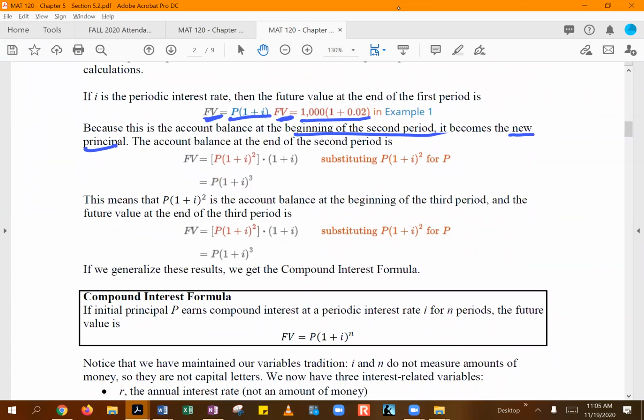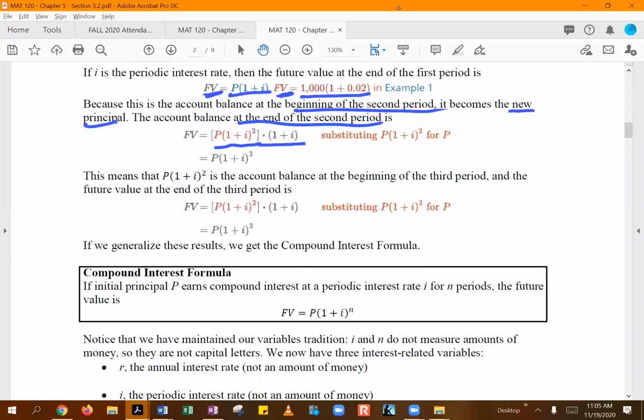So they're saying the account balance at the end of the second period will then end up becoming the original principal with 1 plus I to the second power. And then we would be calculating interest again at the end of that second period.